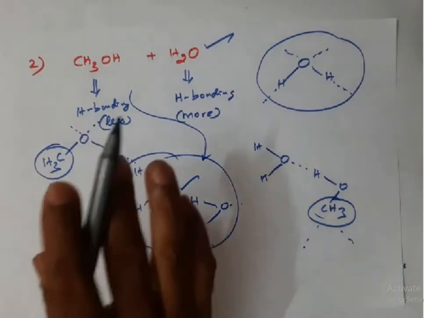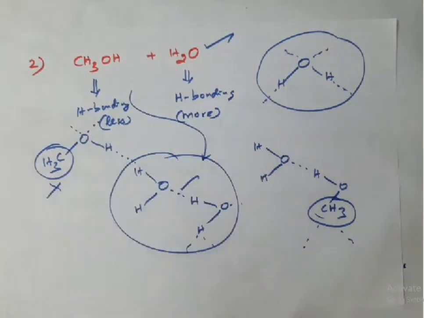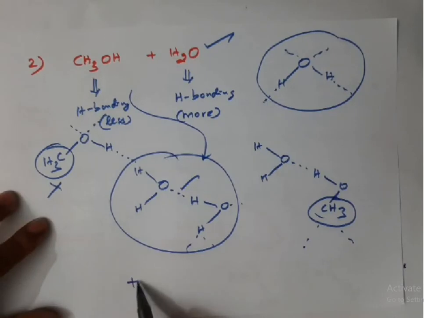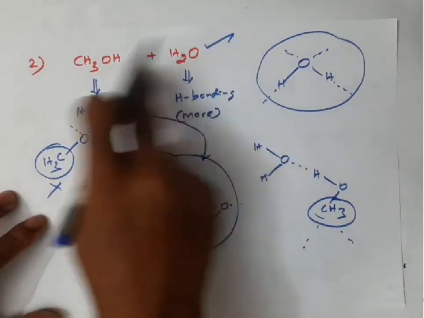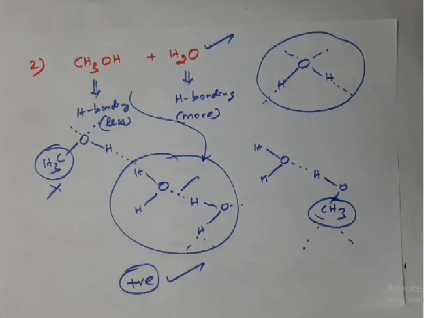Whenever force of attraction decreases, you will get positive deviation. So this mixing of methanol and water will give positive deviation. Sometimes people say this: students listen, whenever alcohol comes, you will get positive deviation. It's a trick.